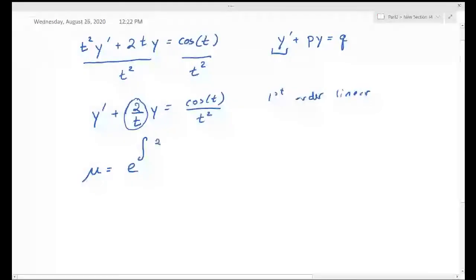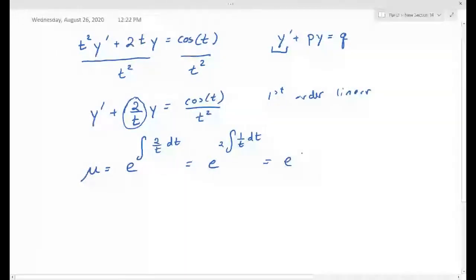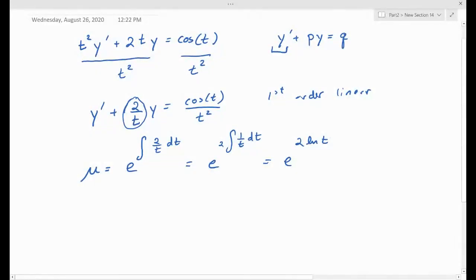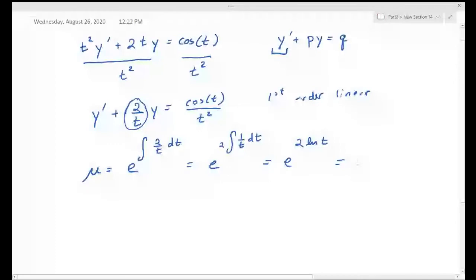Okay. I'm just going to assume t is positive. So it looks like at the end of the day, the integrating factor is just t squared.